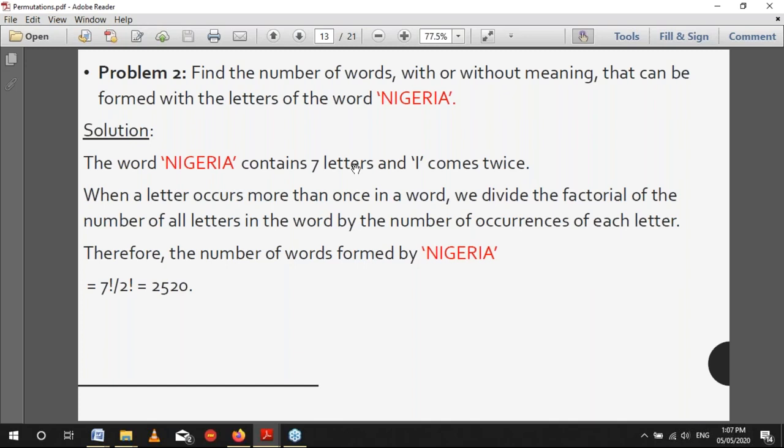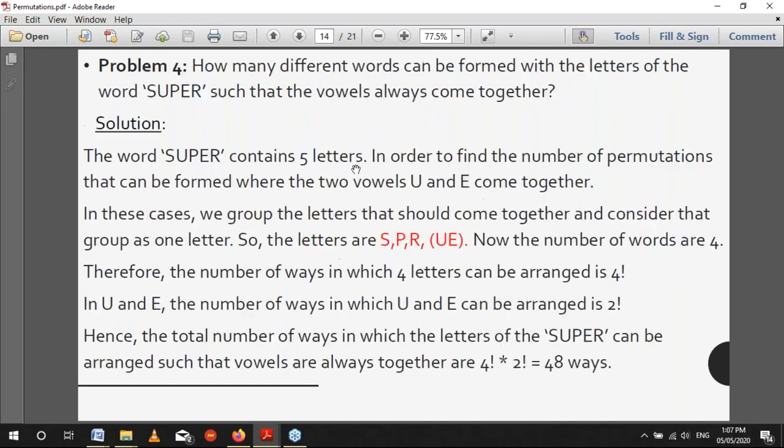Now let's take another example. This is funny, but you still have to get it. How many different words can be formed with the letters of the word super, such that the vowels always come together?